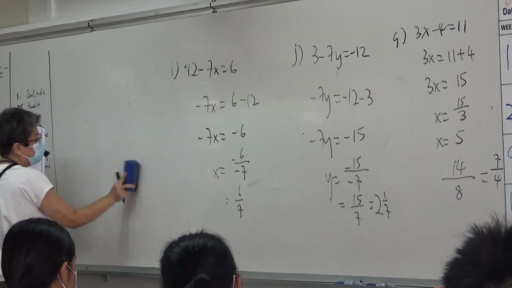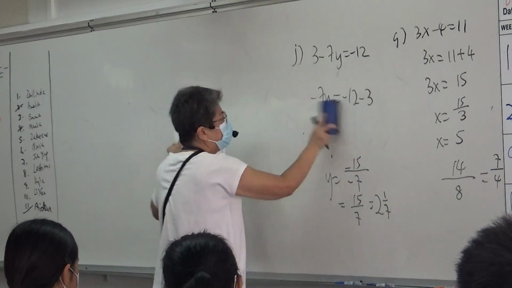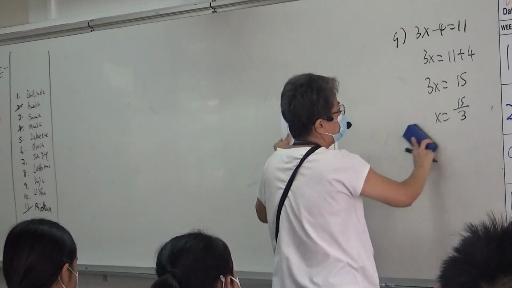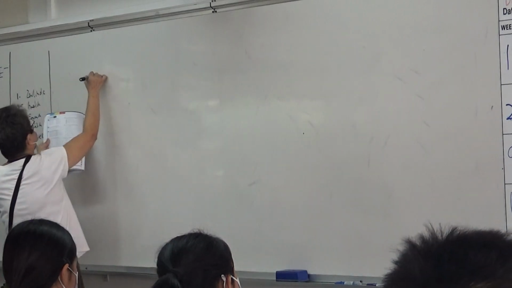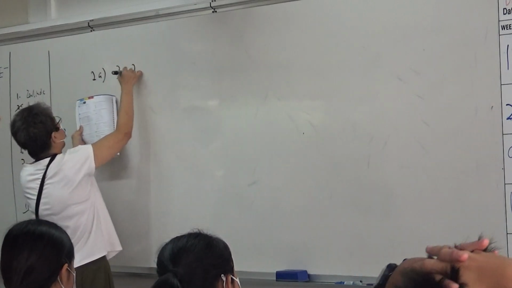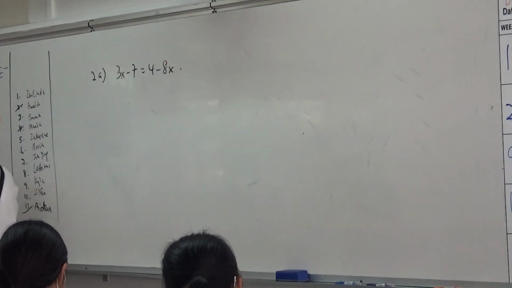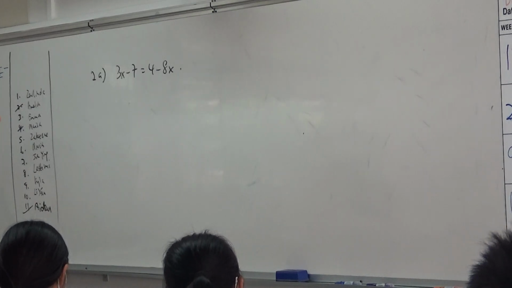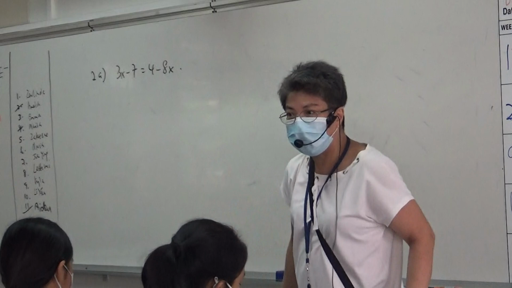It's getting difficult. Number 2. 3x minus 7 equals to 4 minus 8x. Now, I told you in the video, if it happens all over the place, we must group all the unknowns to one side, then all the numbers throw to the other side.